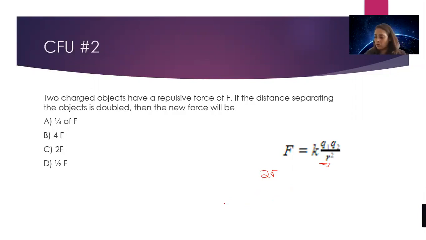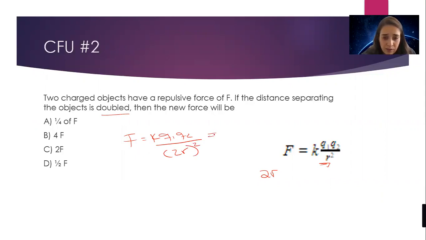All right, so let's go through this question to make sure we're all on the same page. If the distance between the two is doubled, then let's plug 2r into our distance to see what happens. So my force is equal to kq1q2 over, and now I'm going to do 2r instead, and this whole thing is squared.